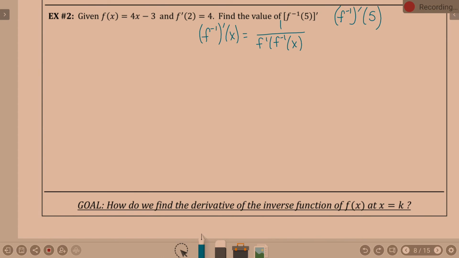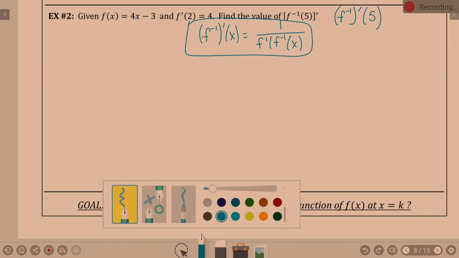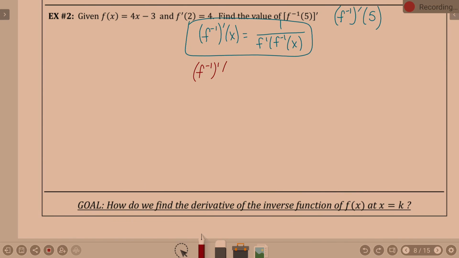That is our formula from above, yes? And that's what we're going to try and use. Now, instead of x, we want all my x's to be 5s. So what we're trying to find is (f inverse)' of 5 equals 1 over f prime of f inverse of 5.